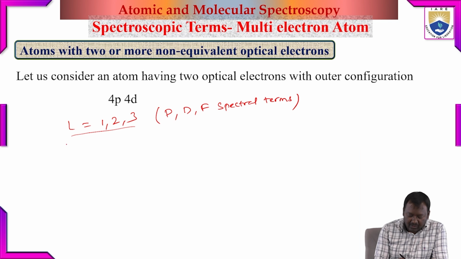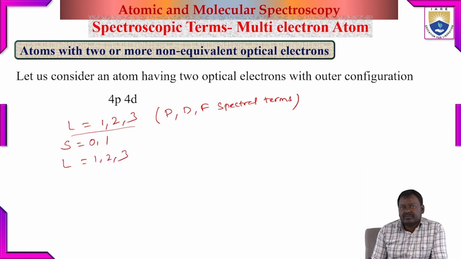So the total spin angular momentum quantum number S values are 0 and 1, and the total orbital angular momentum quantum number L values are 1, 2, 3. In order to calculate J values, we must follow like this.